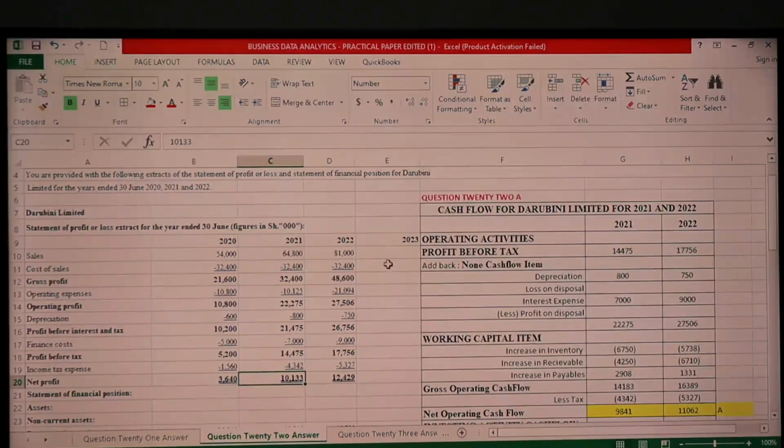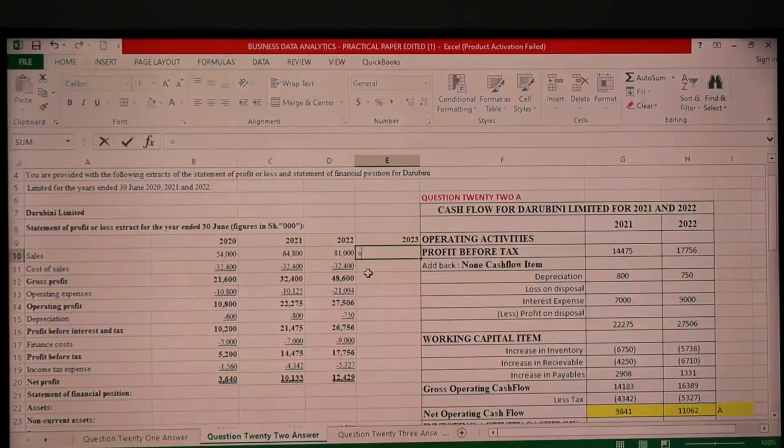To compute this, you can use a simple formula: if it increased by 23%, then you take the value of 2022, and remember that we are only looking for the statement of the financial position up to this far. I'm not going to copy down below that. So you say that equals this amount. Then we add the growth.